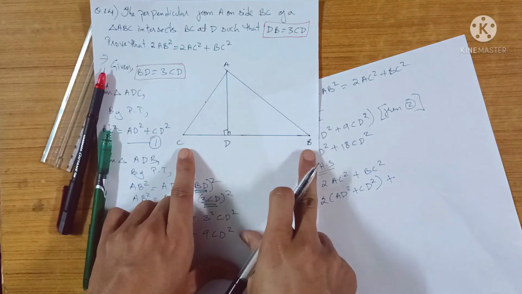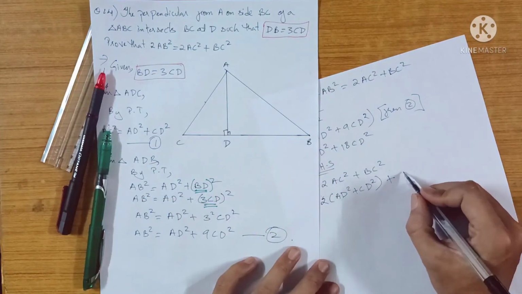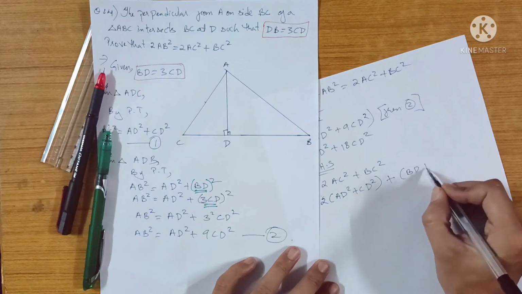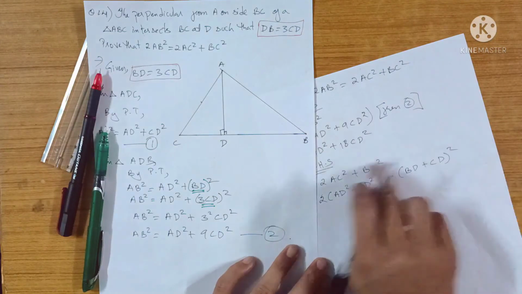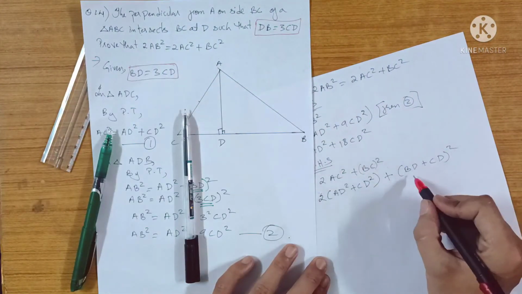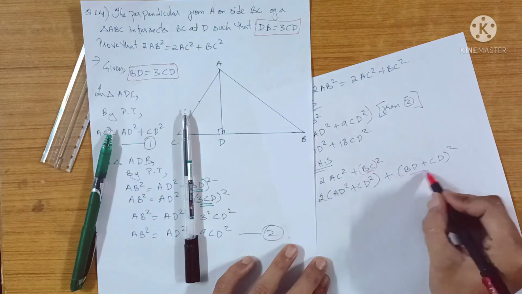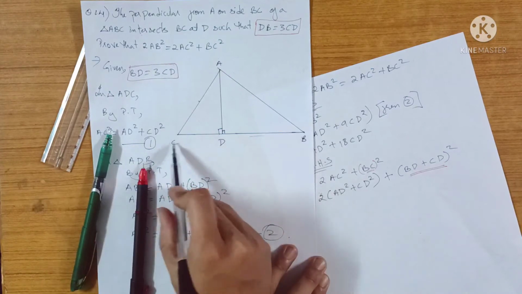The whole thing, which is BD plus CD. So instead of BC, can I write BD plus CD the whole square? Because it's BC square, right? Square is outside. So instead of BC, I replace BD plus CD, because BD plus CD is BC.